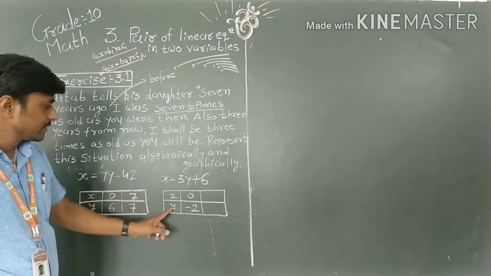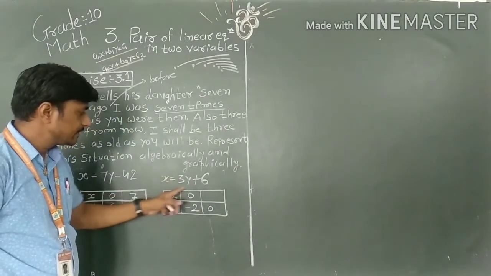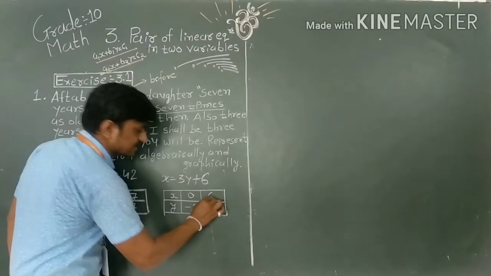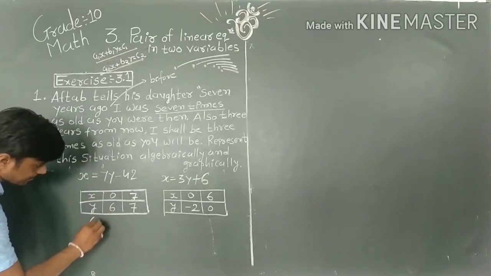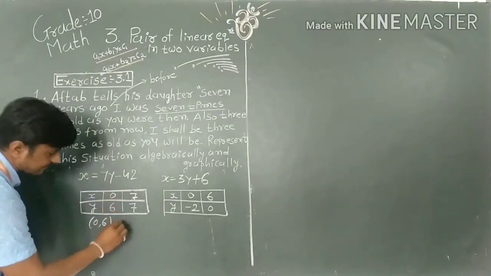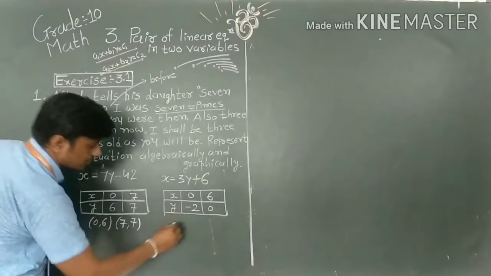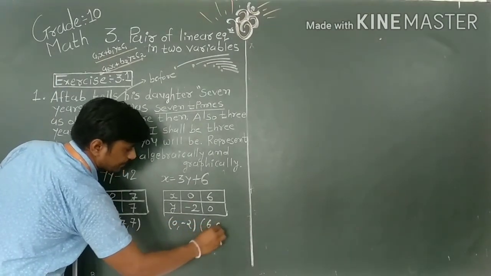And if we take y is equal to 0, then this term will be 0, and we only have x is equal to 6. Therefore, our points for equation 1 are (0, 6) and (7, 7). For equation 2, our points are (0, -2) and (6, 0).